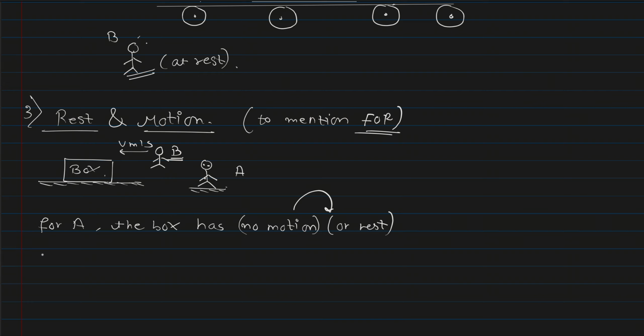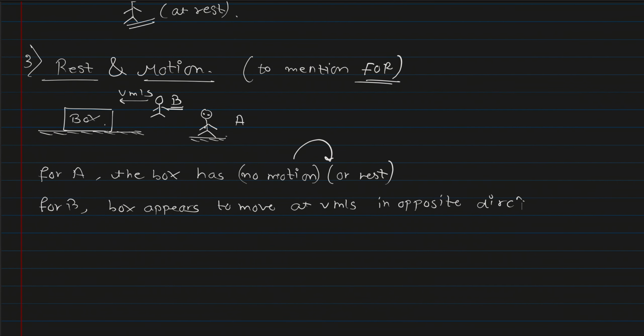But for man B, the box appears to move at v meters per second in the opposite direction. Again, both are correct at their place.